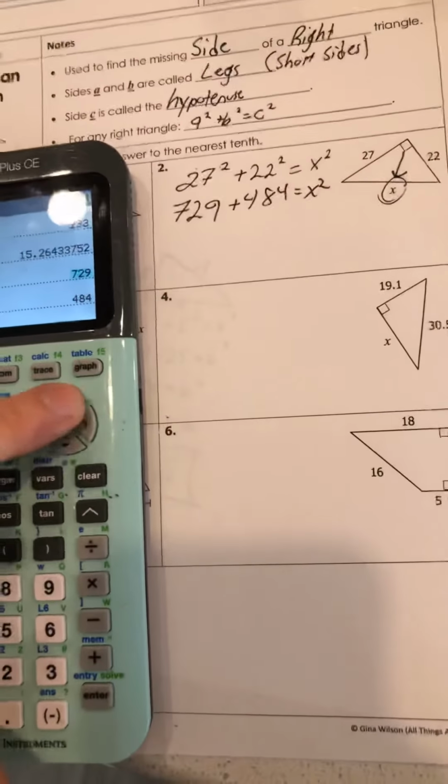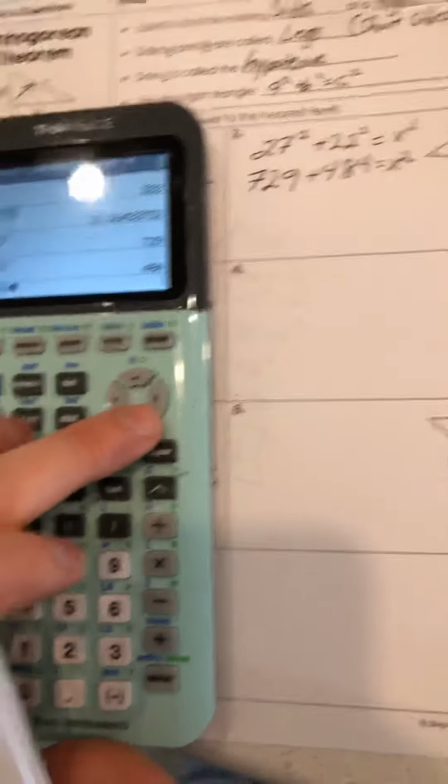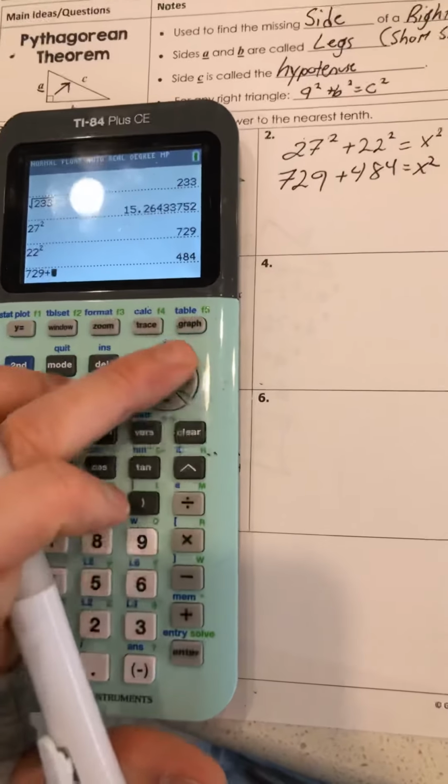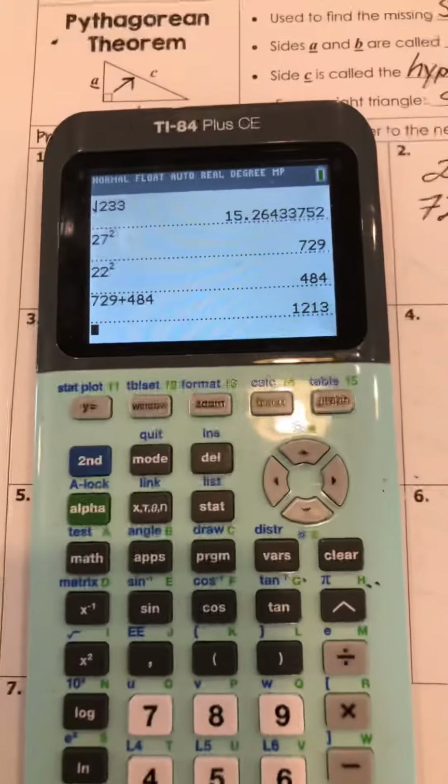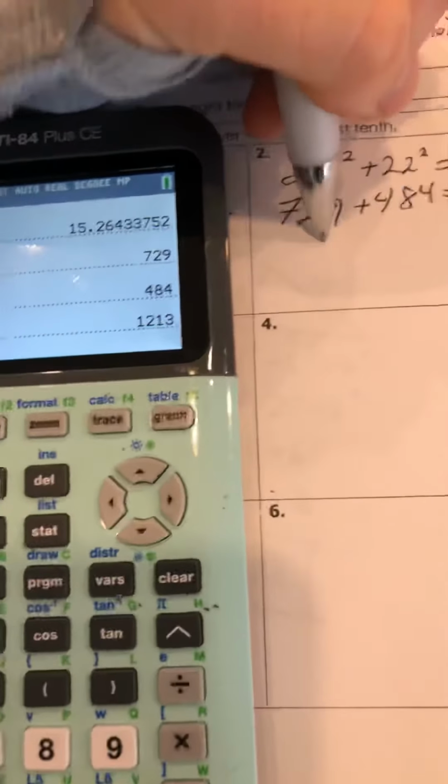So 729 plus 484 equals that large number, 1,213.